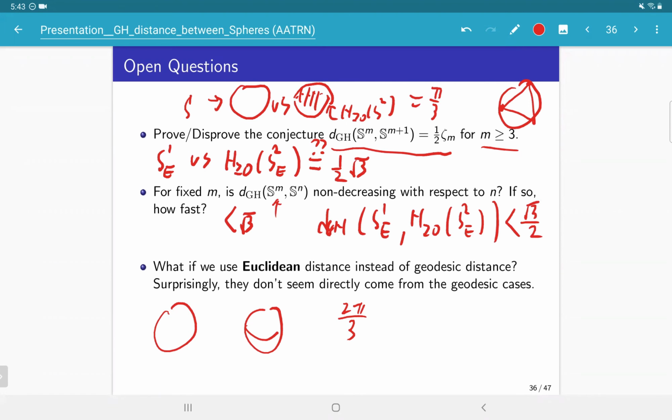Of course, there are some relations between the two of them. I don't remember which one was larger or smaller, but of course we can make some relationship between the two of them. In general, we can prove something about the sign of the Gromov-Hausdorff distance between the spheres.